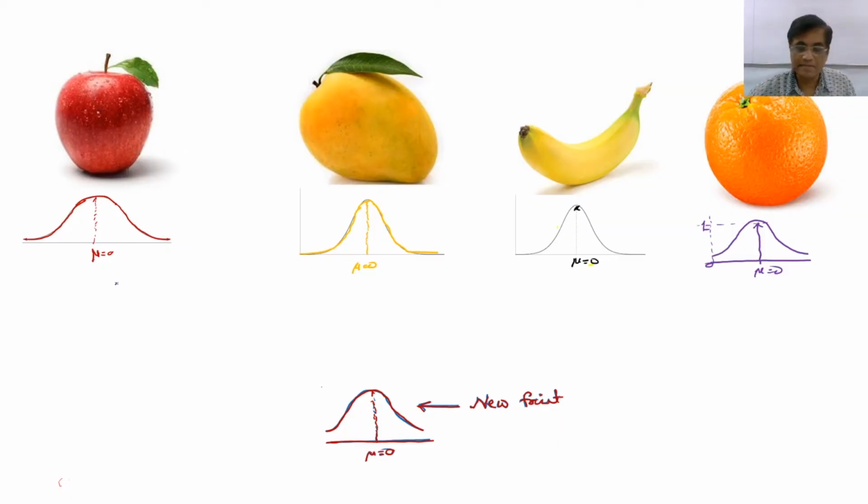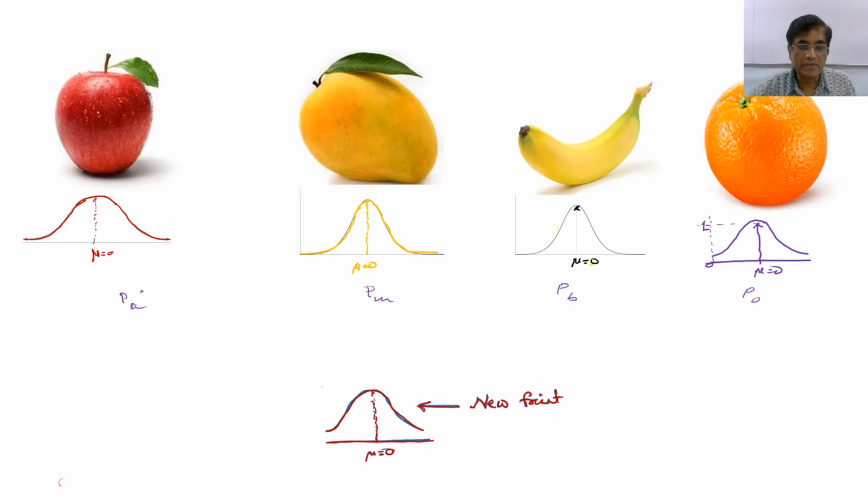It will get some probability, say P apple, and then it will calculate P mango, P banana, and P orange. So for the same new fruit, these are the probabilities.